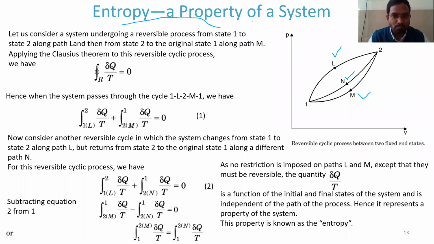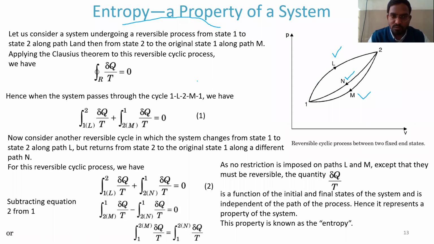Now, here there are two processes. First one, when it changes its state from 1 to 2 through path L and returns through path N. So that will be the first process. And second one, 1 to 2 through path L and returns through path M. So returning paths are different.